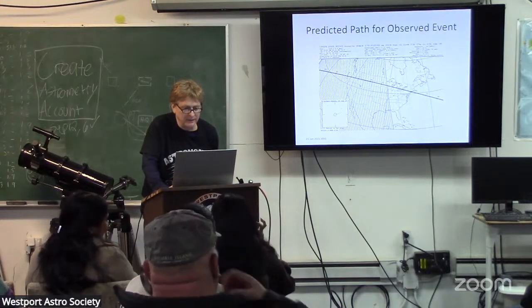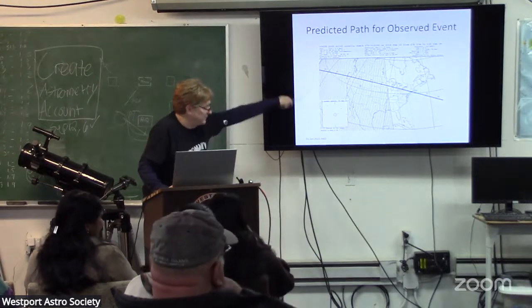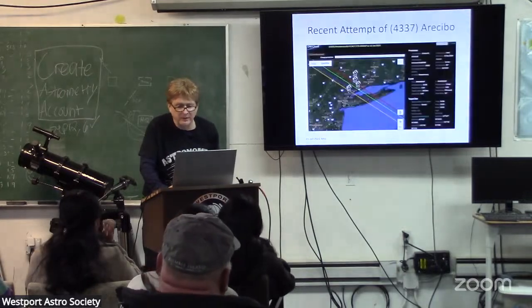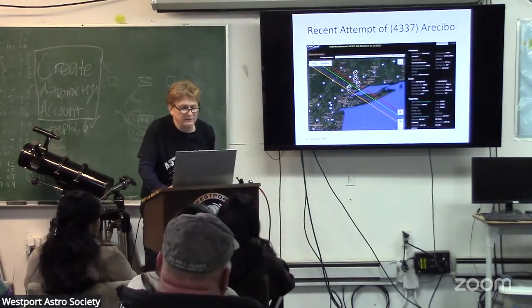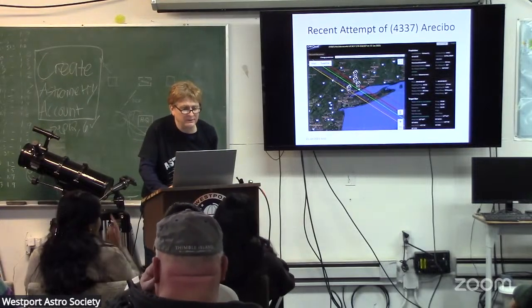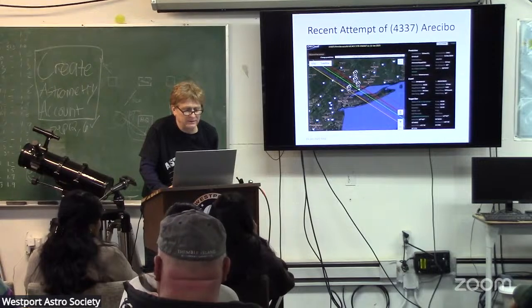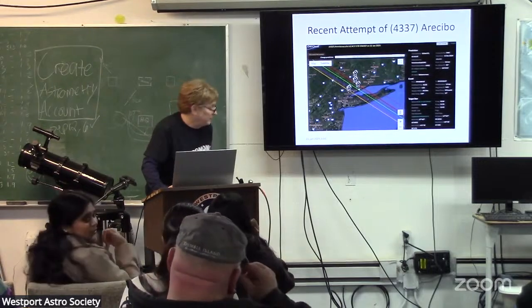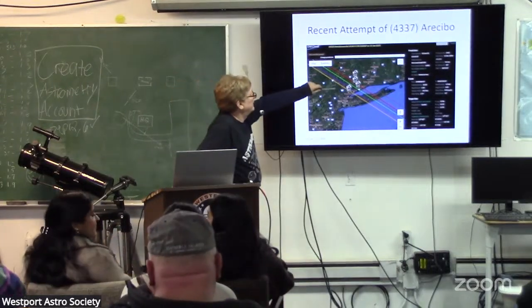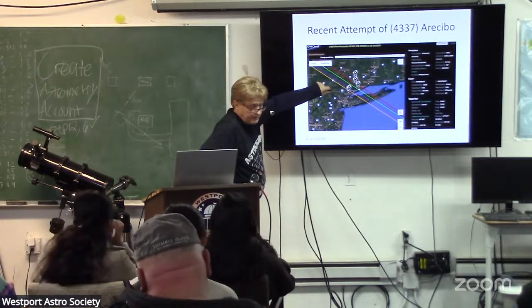And that was the predicted path for that one. I'm just showing a couple others. This is one of the most recent ones where it was heartbreaking. Arecibo is the asteroid. Rick Bria had two telescopes in Greenwich on it.